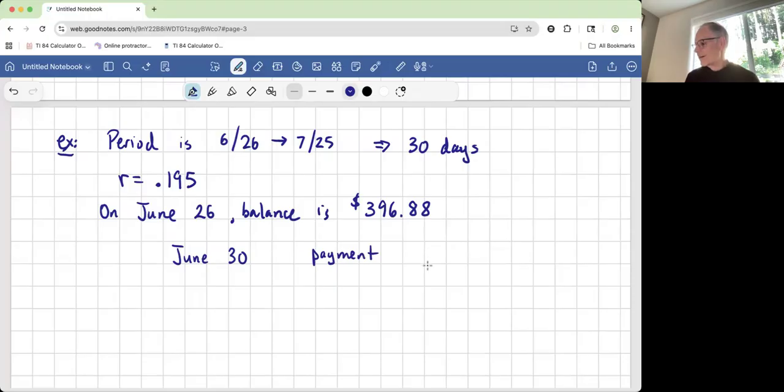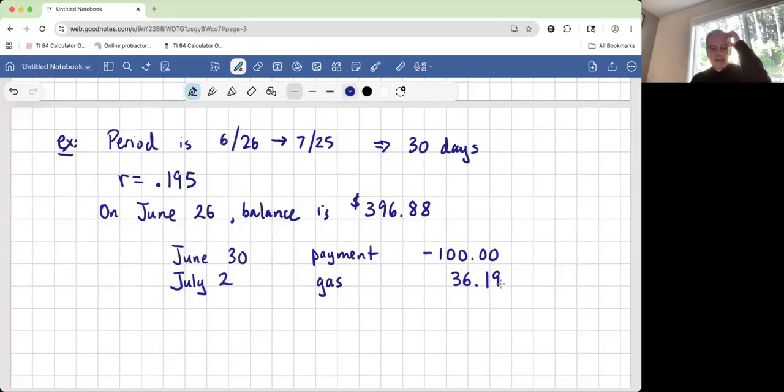All right, what that does is that decreases what we owe. So what we owe on that credit card is going to go down by $100. On July 2nd, we're going to go buy gas. All right, we must not need much gas, so we have a really small car because we only spend $36.19 on that gas on July 2nd.